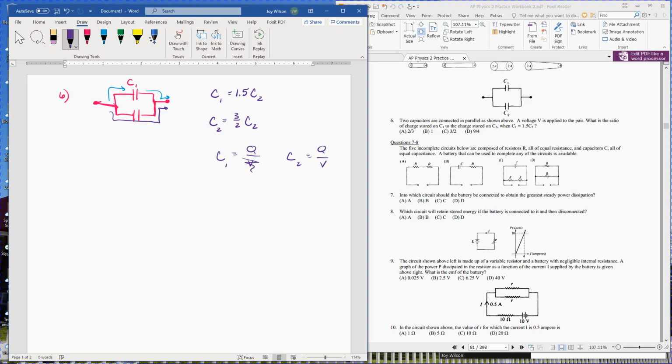They both got the same voltage. So that means if this one is 3/2 bigger than C2, then C1 is going to hold 3/2 the amount of charge. Charge is in the numerator, so if the capacitor is bigger, it holds more charge at the same voltage. So number 6 would be letter C.